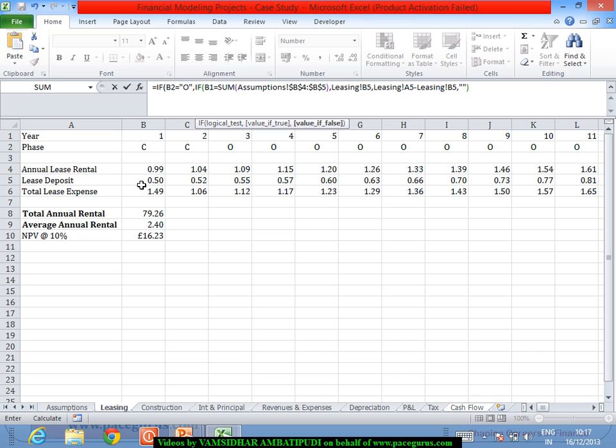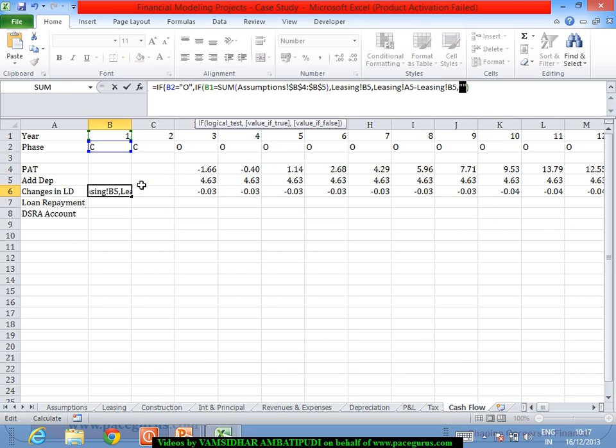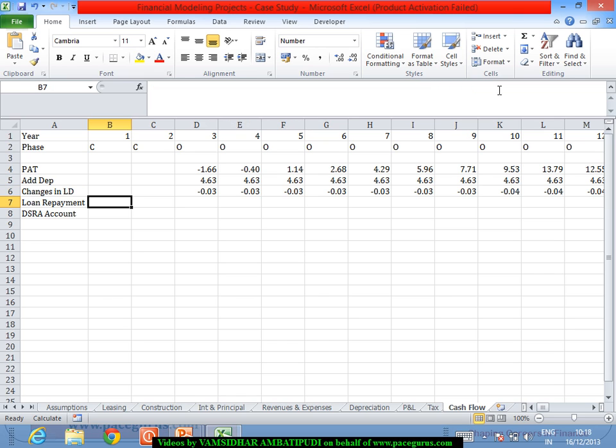When you do this small exercise, I'm expecting if this is equal to this, otherwise you do this, and finally you put up a blank. Alright, if B1 equal to the summation of these two, handle this, otherwise you can close the bracket here with a space here and then closing the bracket here.